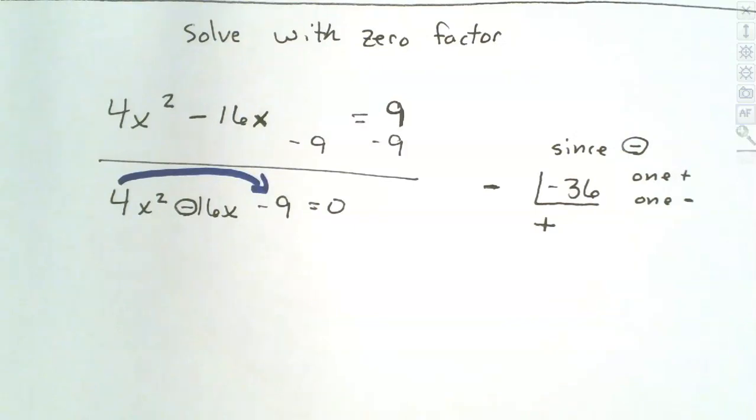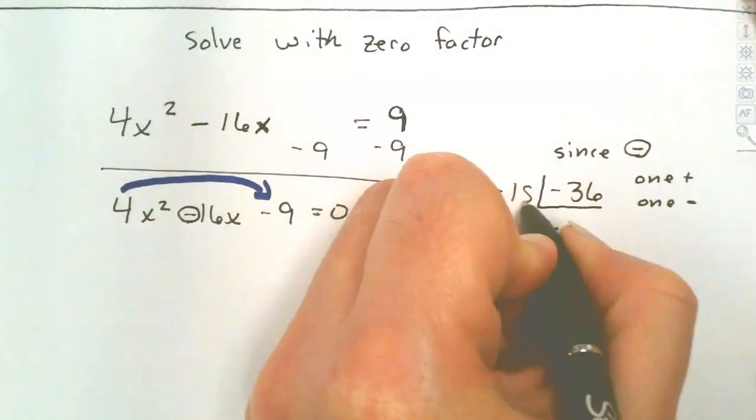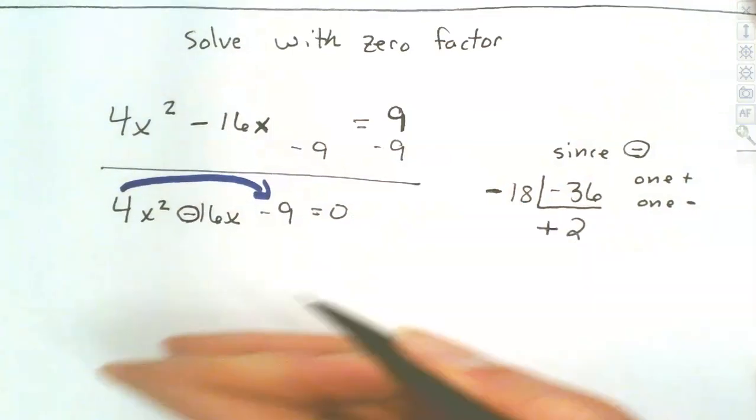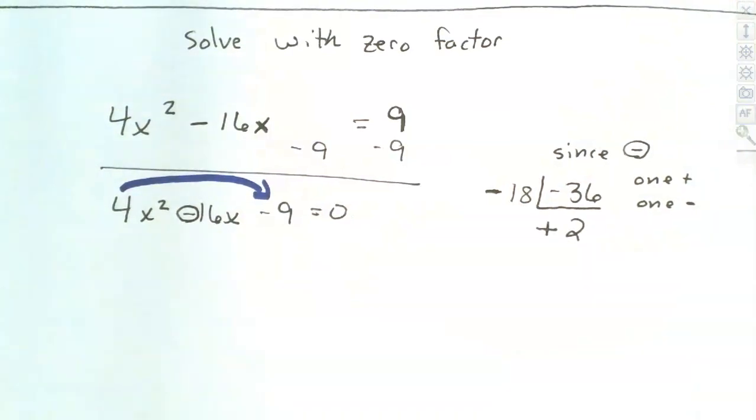Okay. 18 and 2, right? Because 18 and 2 will work. We can use a negative 18 and a positive 2. Why can we use those two numbers? Because negative 18 times 2, what is that? Negative 36. So that checks that piece out.